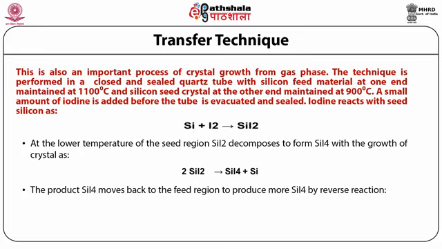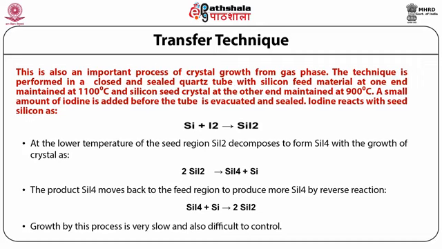The product SiI4 moves back to the feed region to produce more SiI2 by reverse reaction, that is SiI4 plus Si gives 2SiI2. Growth by this process is very slow and also difficult to control.